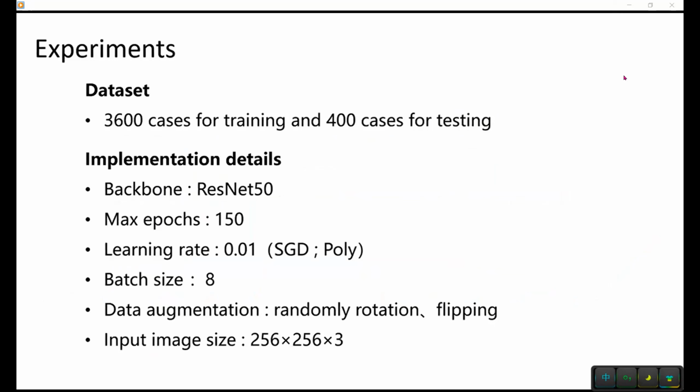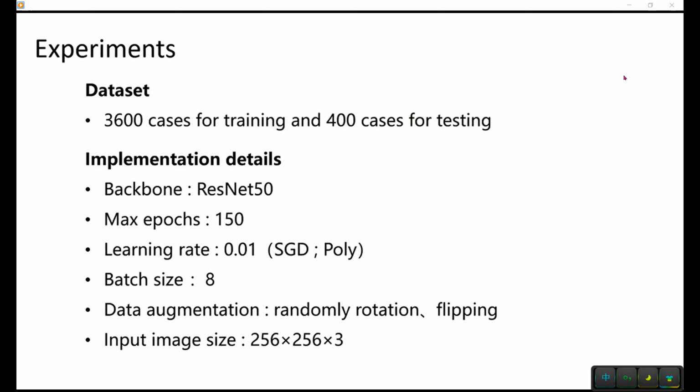Regarding the experimental setup, we randomly split 3,600 images for training and 400 images for testing. We applied random rotations and flips for data augmentation.